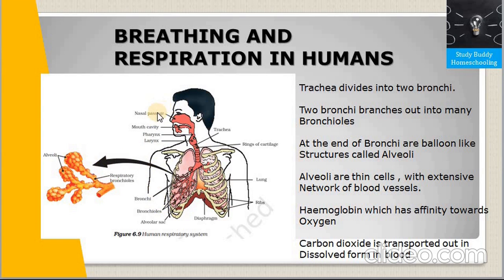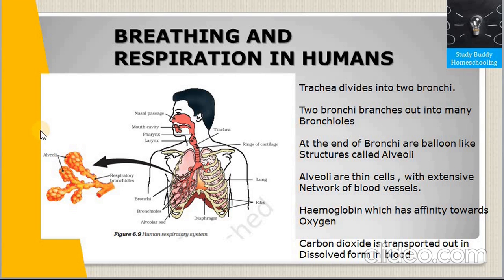So now what happens is, whatever oxygen you take in, it enters through the nose, where hair particles are present, mucus is present throughout the tube, and it enters trachea, bronchi, bronchioles, and it enters alveoli. This alveoli is supplied with a thick network of blood vessels. So oxygen enters the blood vessels and enters the bloodstream, and it goes into the respective cells wherever it is needed.